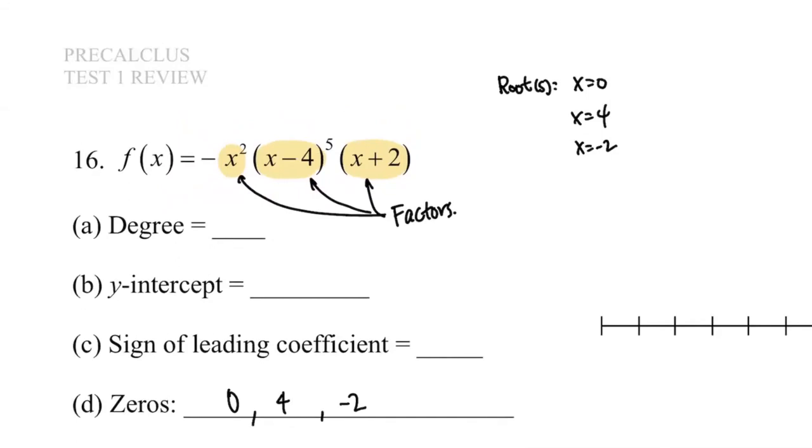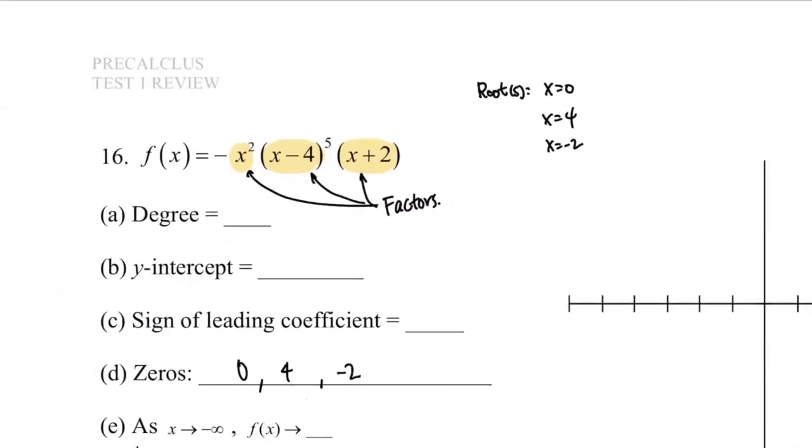Okay. Now, if you happen to not know what we mean by the roots, it means that these numbers will result in y, or in this case f of x, equal to 0.